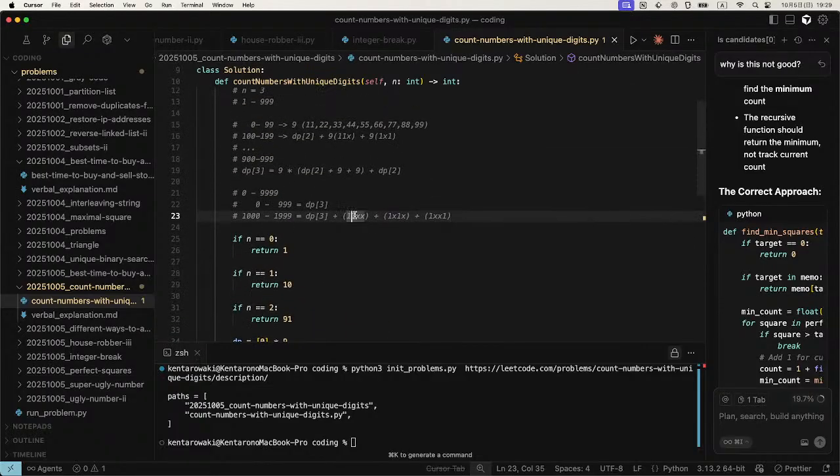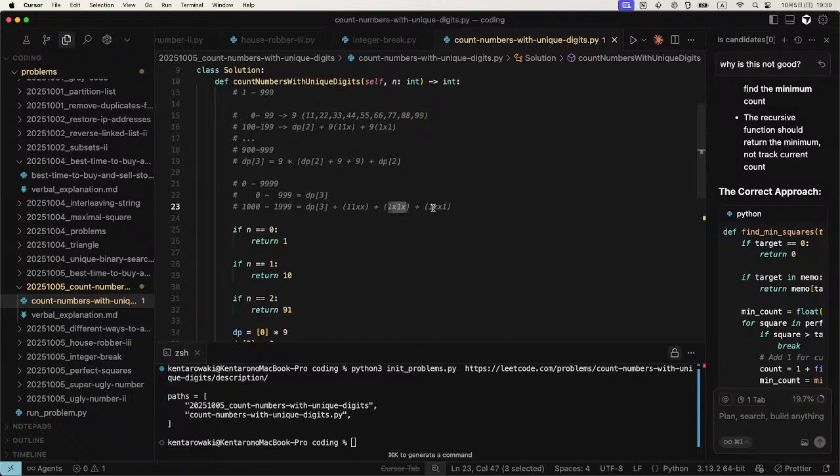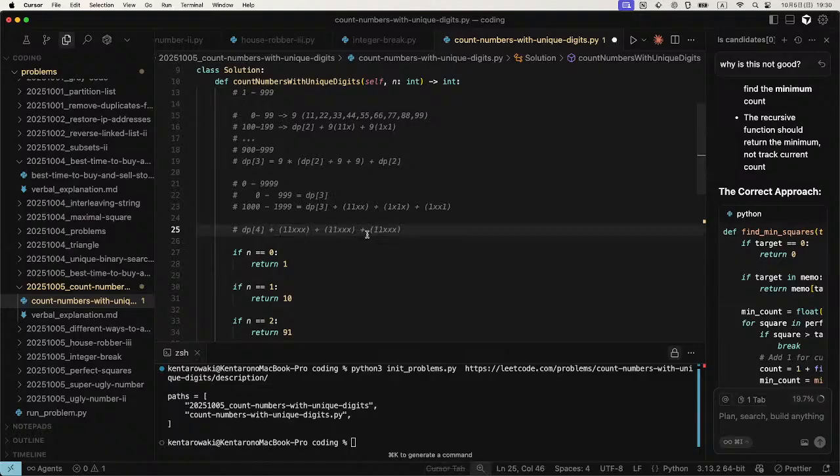It's for dp3 like this. For dp4, there are 5 digits, so we can choose 1 out of 5. Like this.